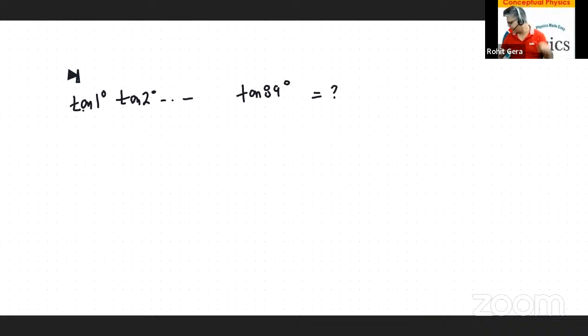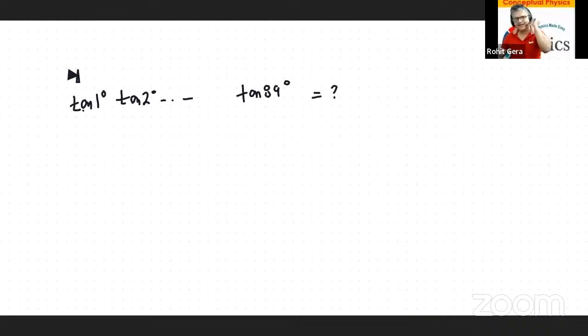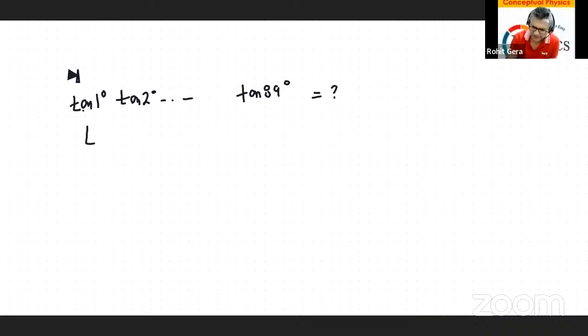Tricky. कंफ्यूजन है थोड़ी। The 89 terms are getting multiplied. यस सर वही। Just a hint. See, sometimes tan 1 degree can be written as cot of.